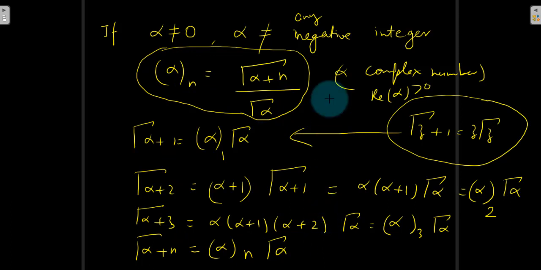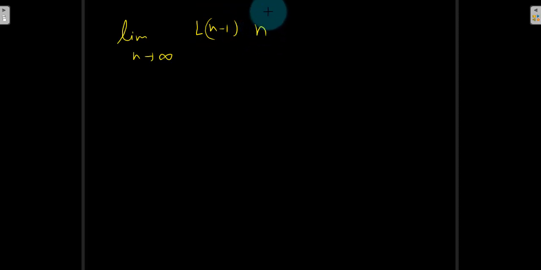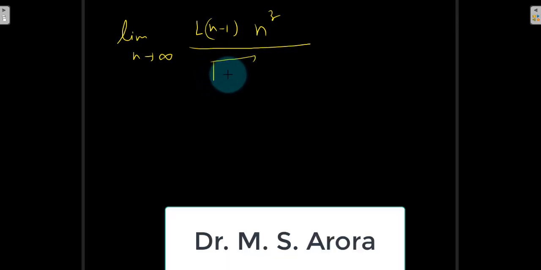Let us have a look at another very important result. That important result is that the limit as n tends to infinity of factorial n minus 1 times n to the z, divided by gamma of n plus z, is always going to be 1.